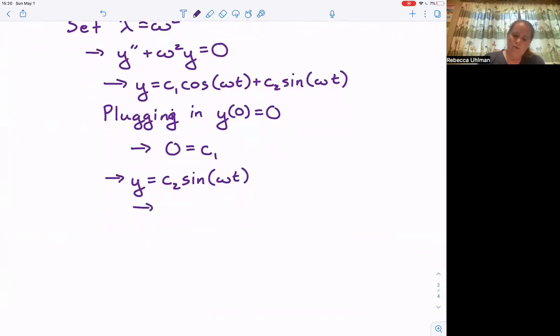Then we have that y prime is c2 omega times cosine of omega t.